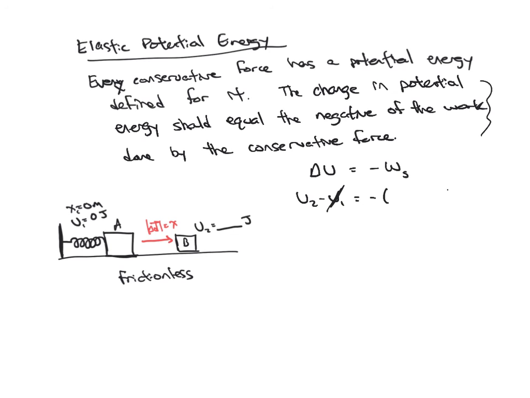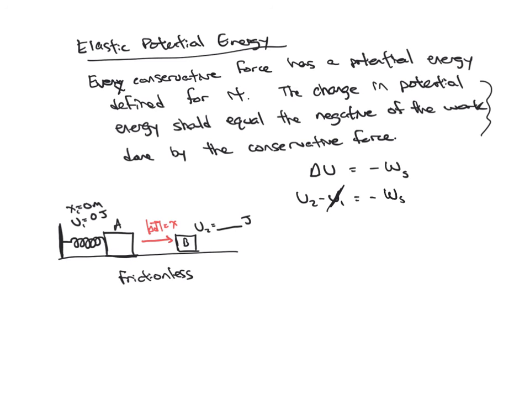So negative of the force of the spring times the displacement times cosine of theta. Actually, I'm going to do something else. Just leave it for now. The work done by the spring.